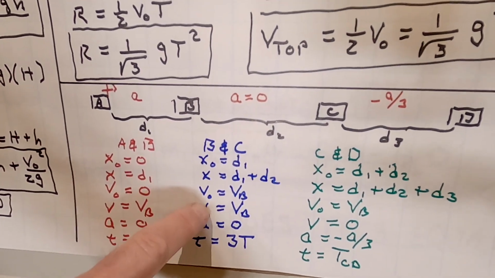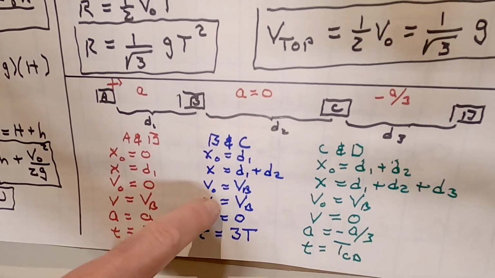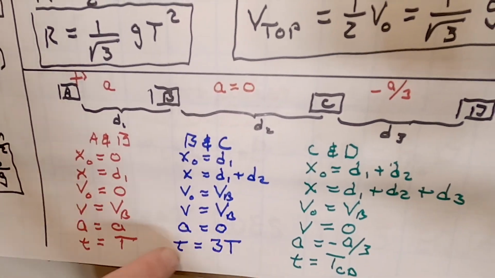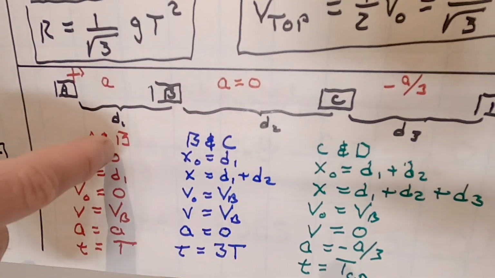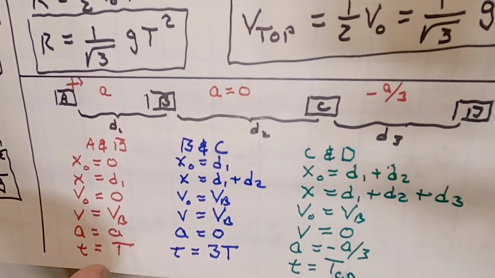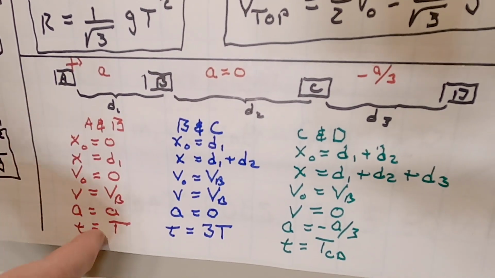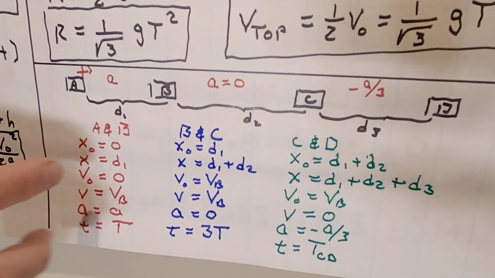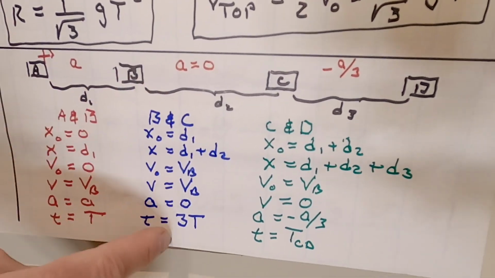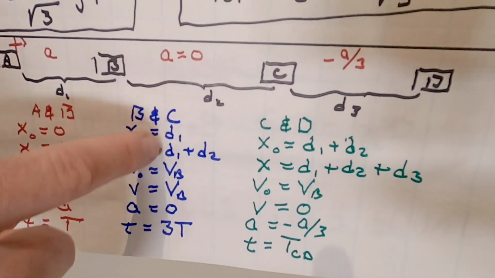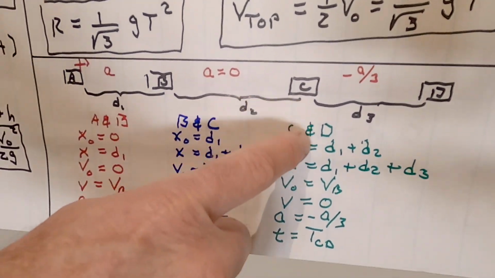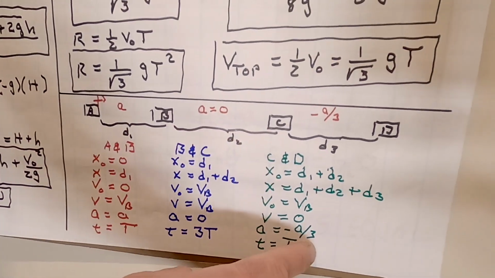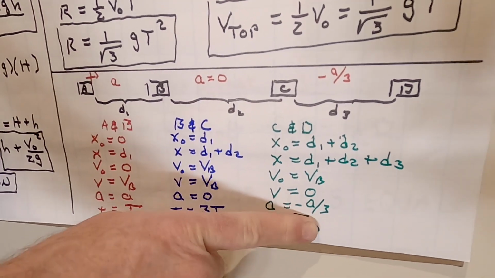V naught is VB, and since A is 0, the final speed is VB, and the time was 3t. So we could use the x equals x sub naught equation to get the distance D1. We could use the v equals v naught equation to get VB. Now you got those two. Over here, we could use the x equals x sub naught equation, and we could get D2. And then over here, we don't want to use the time equation because you weren't given that time.